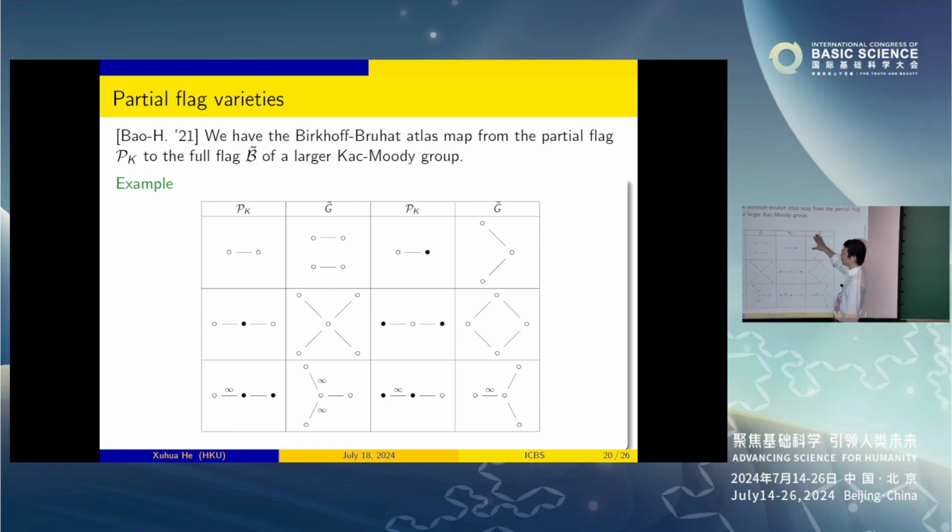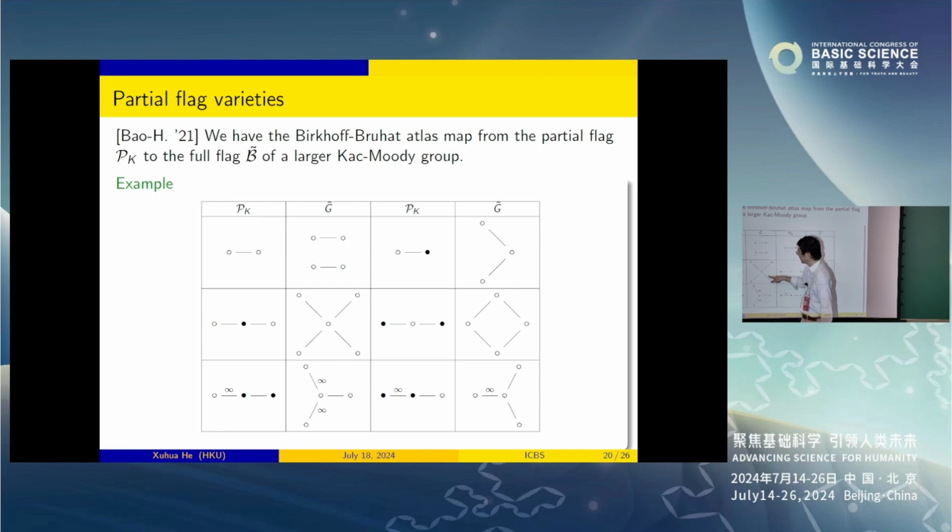There is a general rule to say how we construct the G tilde from this P_K. I just show you some examples. This depends on the Dynkin diagram, and also depends on K. So you can see for this SL4, this is a minimum parabolic corresponding to the middle.